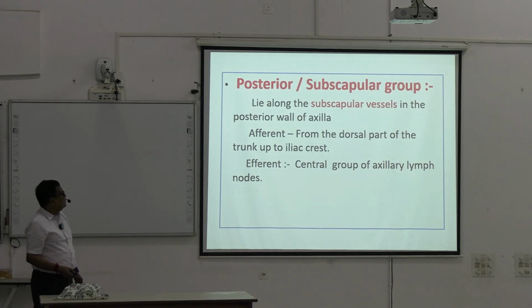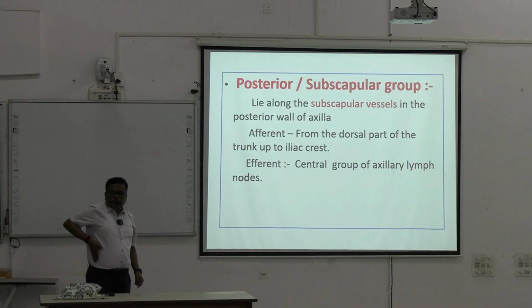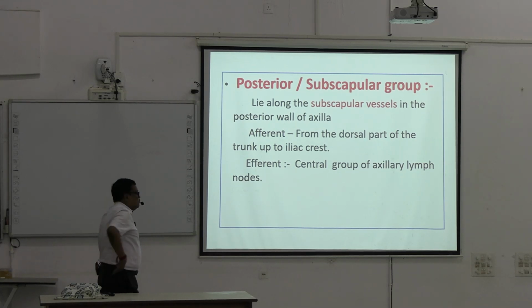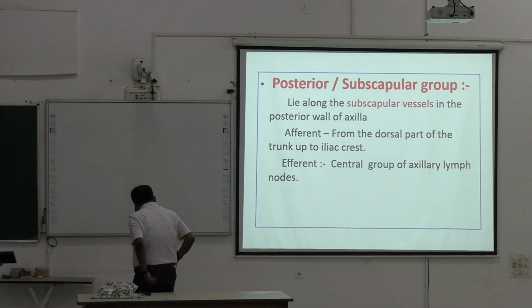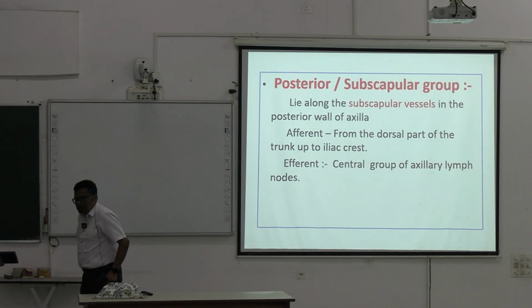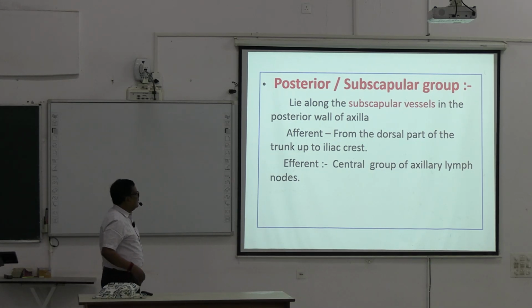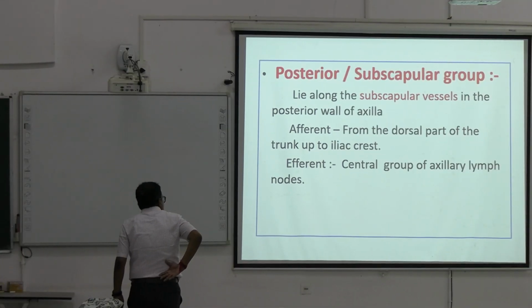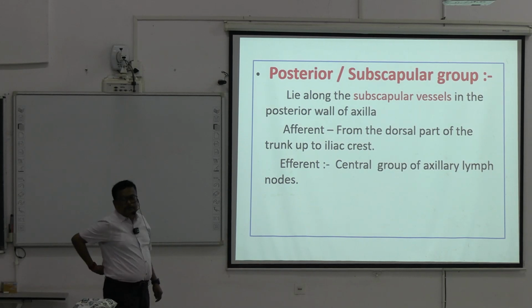Afferent. What did I say here? The anterolateral wall of the trunk above the umbilicus. A posterior group of lymph nodes drains the cutaneous lymphatics of the posterior wall of the trunk up to the iliac crest.